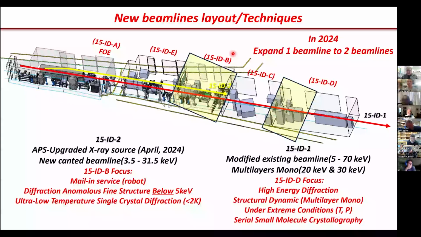Pilatus 4, cadmium telluride, 2N. Yes, the range is from 5 keV to 100 keV. It's not for high energy only, it's also for low energy. The dynamic range is probably the same, 10 to the 20.